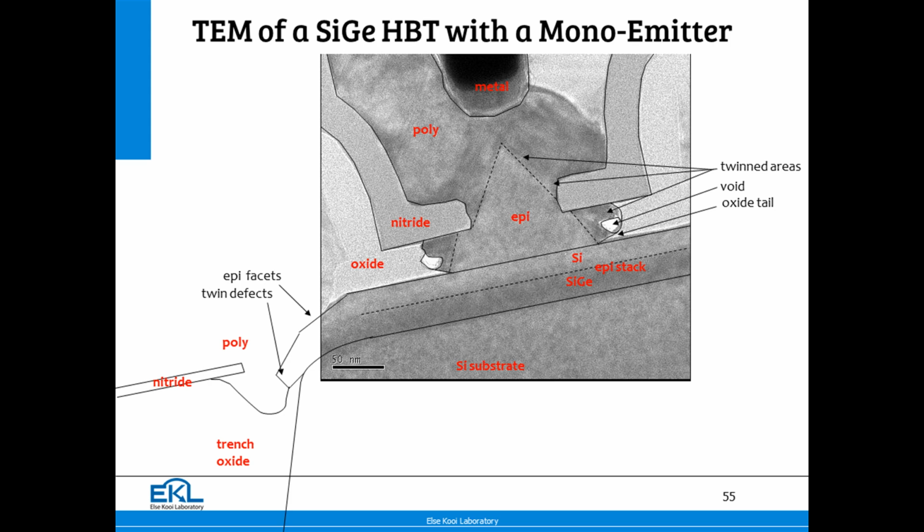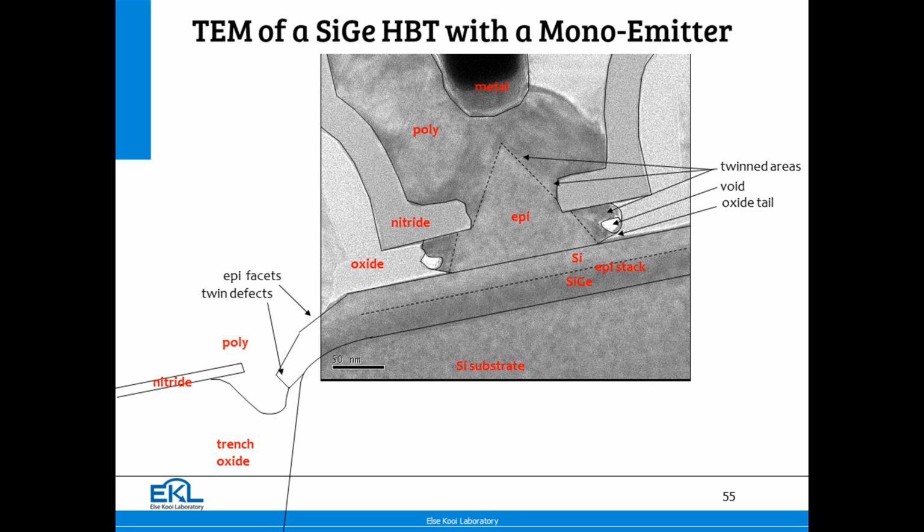3 times epi, because here is the conventional epi layer, pretty thin, 1 micron. Here is the base stack, the silicon germane base stack, grown at low temperature, silicon germane, silicon capping layer. Then the rest of the structure is made, the nitride spacers, and then it enters the epi reactor for a 3rd time for an arsenic doped mono-emitter.